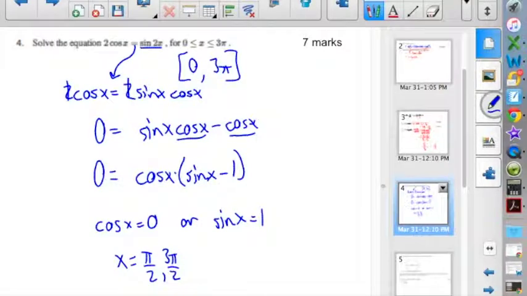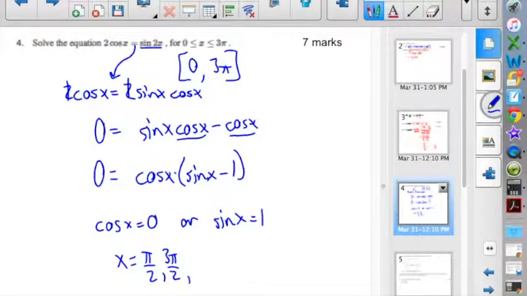And is that everything from 0? That's everything from 0 to 2 pi. Is that everything from 0 to 3 pi? No. 7 pi over 2 would actually be 3.5 pi, which would be too far.